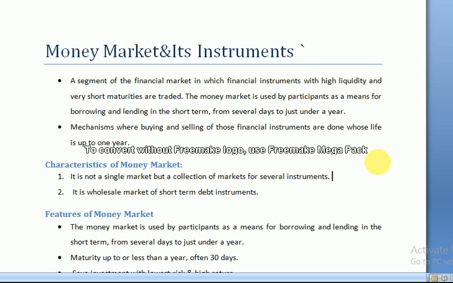There are several money market instruments in most Western countries. Unfortunately, they do not exist here in Afghanistan.